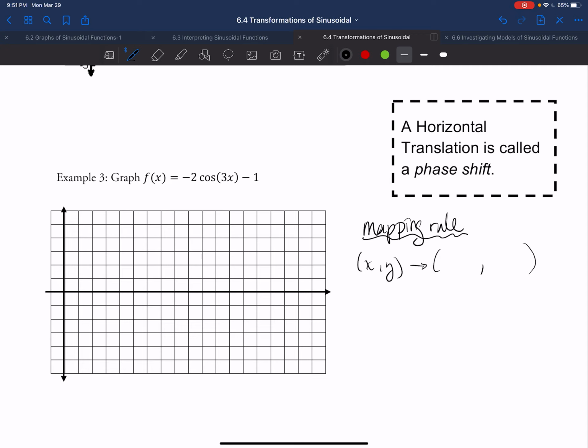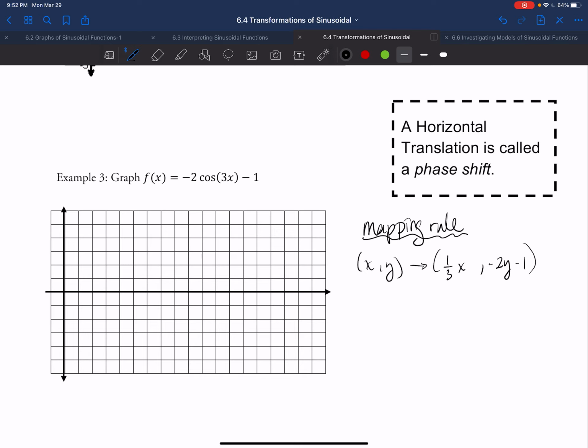So the k value is 3. So in the mapping rule, it's going to be 1 over 3. But nothing else is happening to x. Not adding or subtracting anything, so it's just 1 over 3x. And then for y, it would be -2y minus 1.